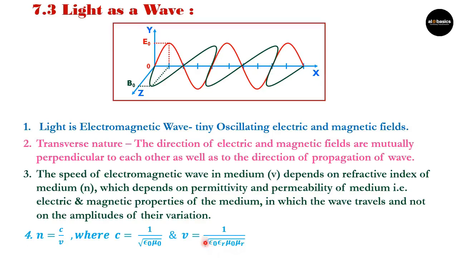And from this also you can see that the value of V is less than that of C. On this basis, again we can say that the speed of light in a rarer medium is greater than in a denser medium, because vacuum is said to be a rarer medium with respect to all other media.